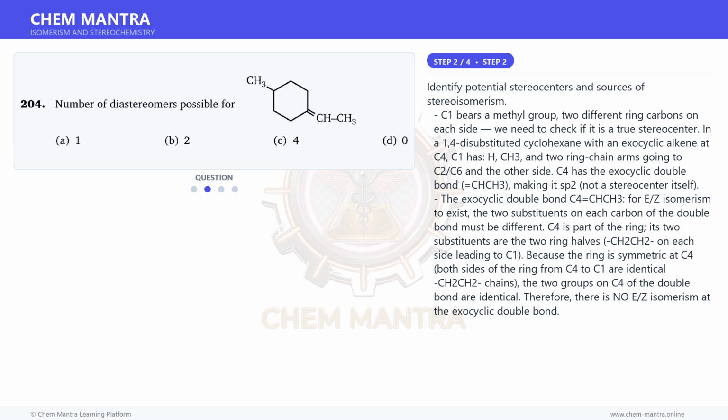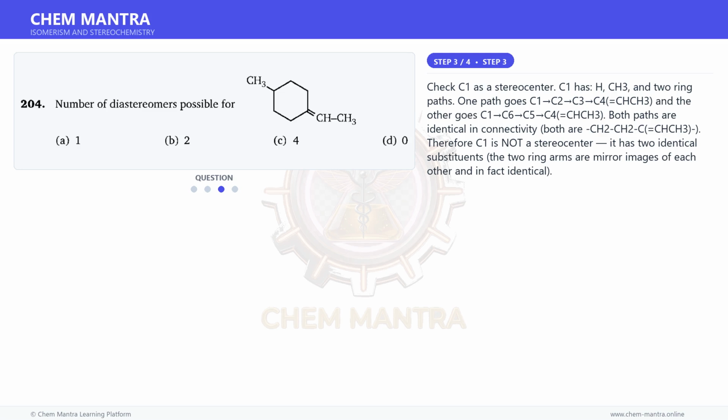Because the ring is symmetric at C4, both sides of the ring from C4 to C1 are identical CH2-CH2 chains, so the 2 groups on C4 of the double bond are identical. Therefore, there is no E/Z isomerism at the exocyclic double bond. Moving on to the next step.